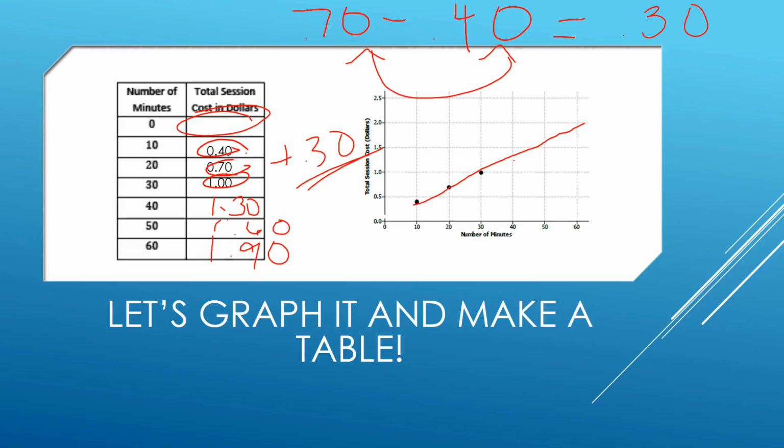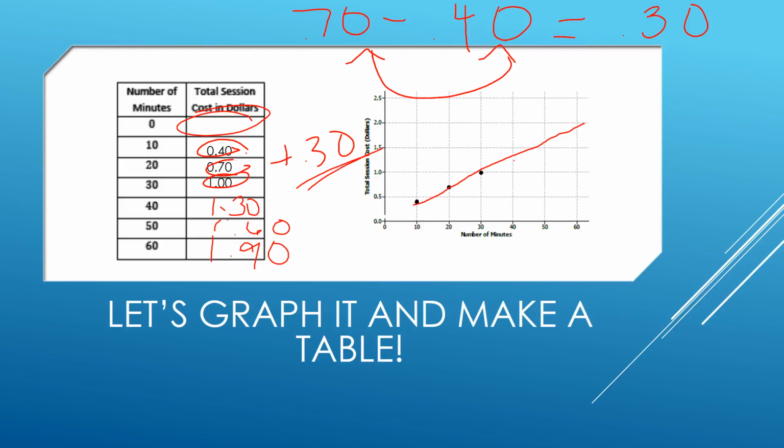So go ahead and pause your video and figure that out. So you should have gotten 30 cents. There is a 30-cent difference between 40 and 70. So we need to add 30 cents each time in order to get what the rate is for each number of minutes.